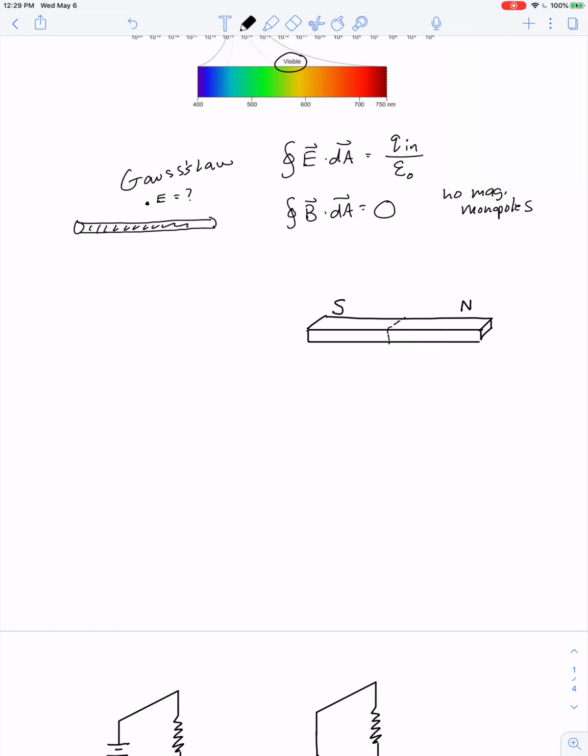You can't cut the bar magnet in half and expect to have an isolated north pole. At the place where you cut it, you'll form a new south and a new north pole. After all, the behavior of this bar magnet is really just dependent on the alignment of magnetic domains within the material. And if the magnetic domains all line up in the same direction, then no matter how small you cut the magnet, every place you cut it, you form a magnetic dipole.